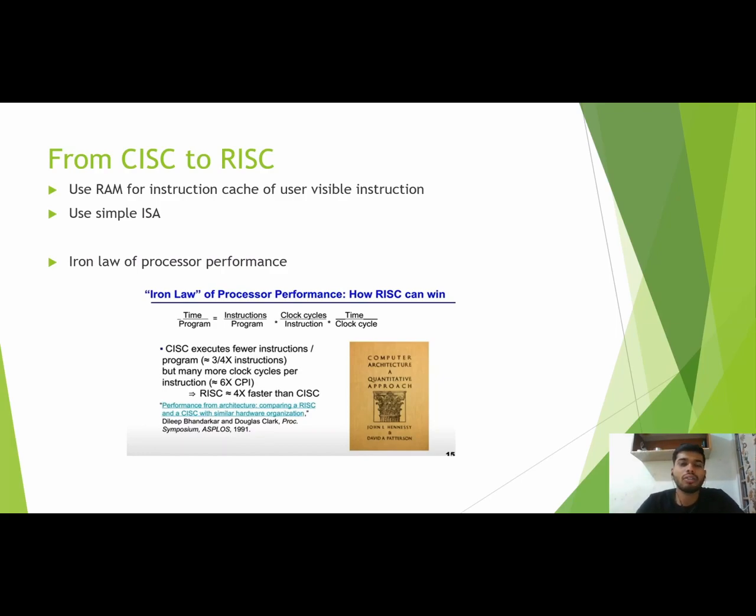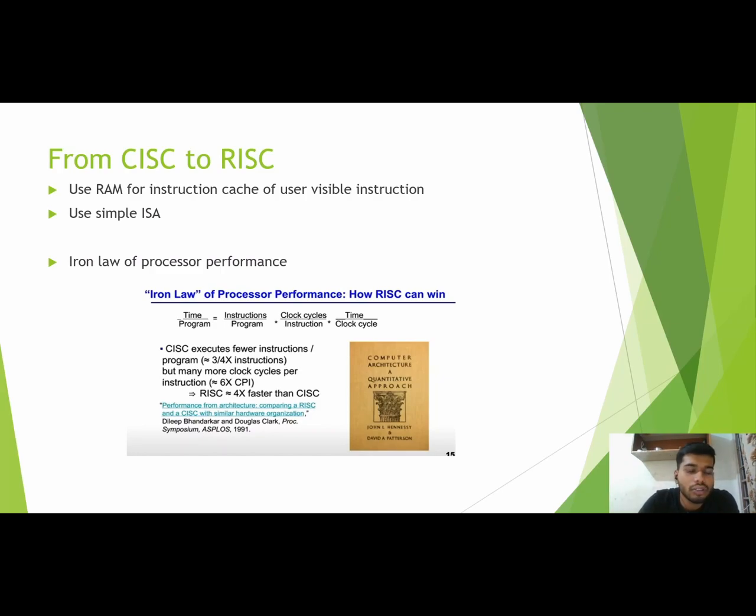The other aspect chosen at that time for comparing processor performance was Iron Law. In Iron Law, the time per program equals the number of instructions per program multiplied by clock cycles per instruction and time per clock cycle. It was observed that as the number of instructions increased, the clock cycles decreased in RISC.